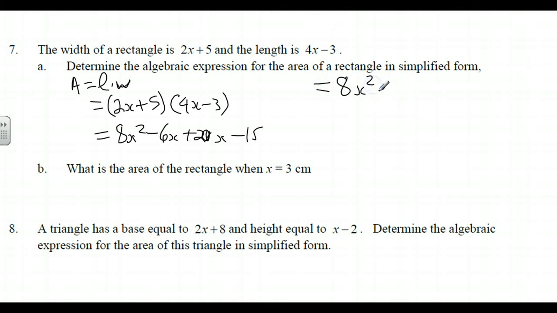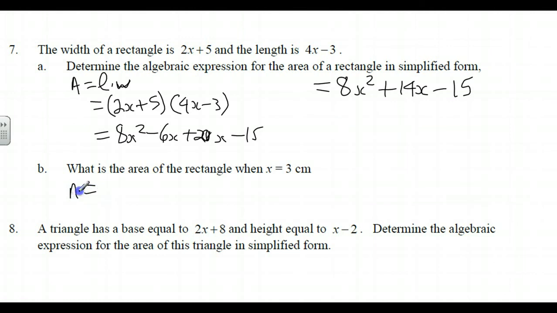Equals 8x squared plus 14x, so we're collecting these middle terms, minus 15. What is the area of the rectangle when x is 3? Well, you could put a 3 in here, or you can put a 3 in here. They're going to be the same, right? Let's try it. If we put 3 in here, 2 times 3 is 6, plus 5 is 11, and this is 12, minus 3 is 9, and 11 times 9 will be 99. Now, will that work here?